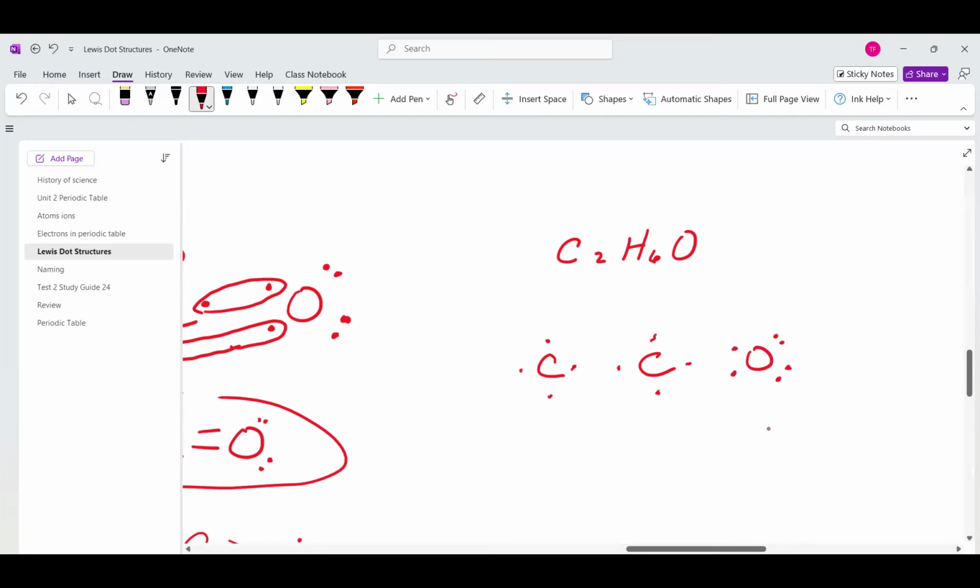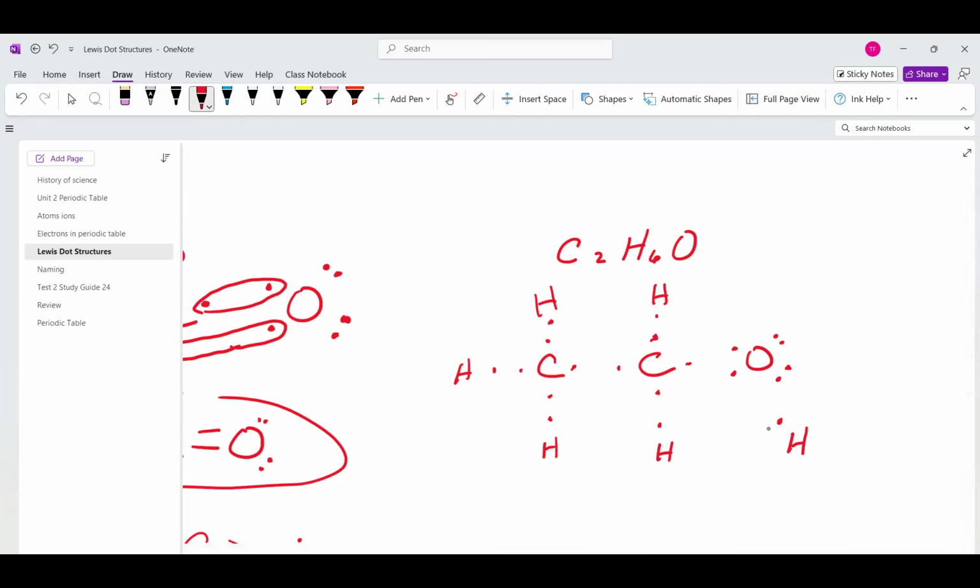Then we have 6 hydrogens. Okay, so that's step 1.